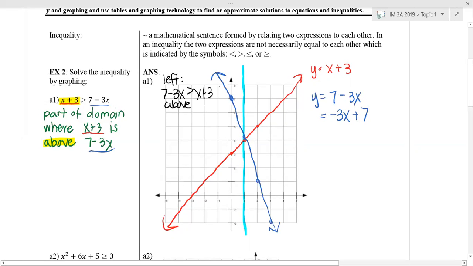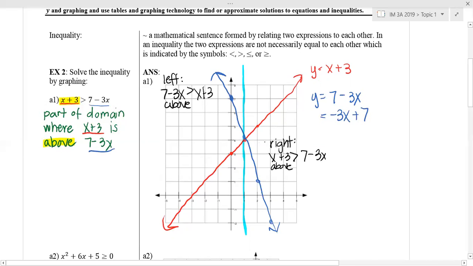So visually, the blue line's on top, versus on the right-hand side here, which is what I want. x plus 3 is greater than 7 minus 3x. This is the part that's above.